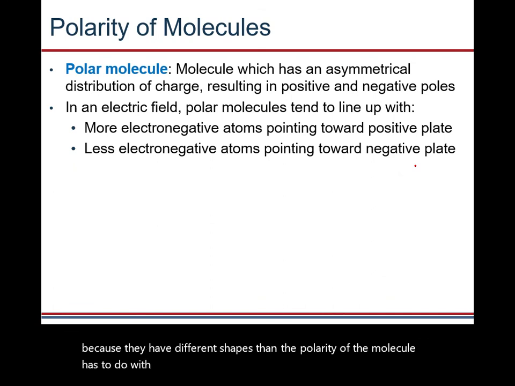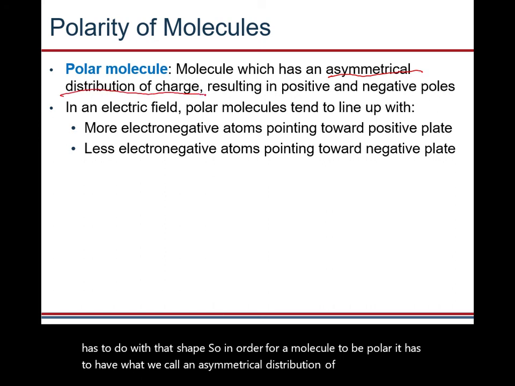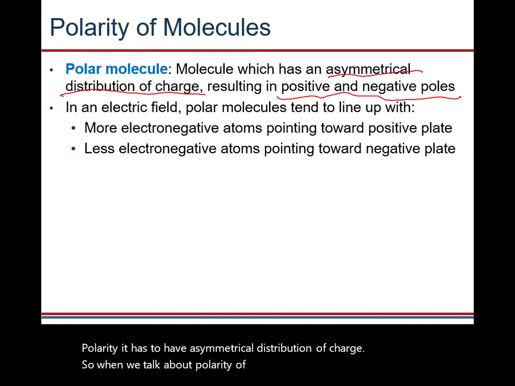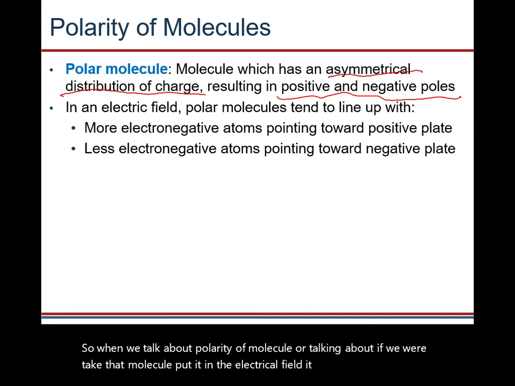So in order for a molecule to be polar, it has to have what we call an asymmetrical distribution of charge, resulting in polarity. So when we talk about polarity of a molecule, we're talking about if we were to take that molecule and put it in an electrical field, it would line up.